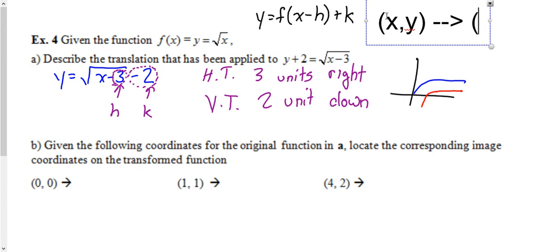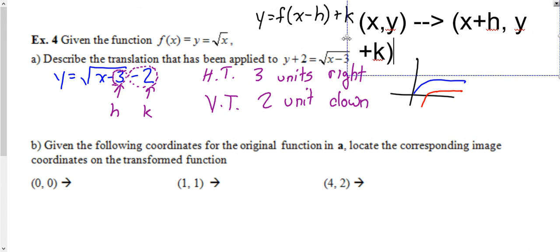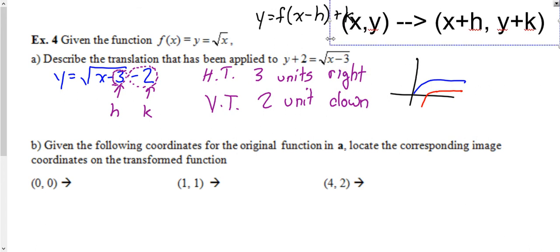We want to get all the horizontals with x, so that means our x value, we're going to add on any sort of h value that we had in the equation. For my y values, we're going to add on any k's that we had in the equation. That's going to change up my coordinates. And I think I could try to fit it all there. Yes, I can.